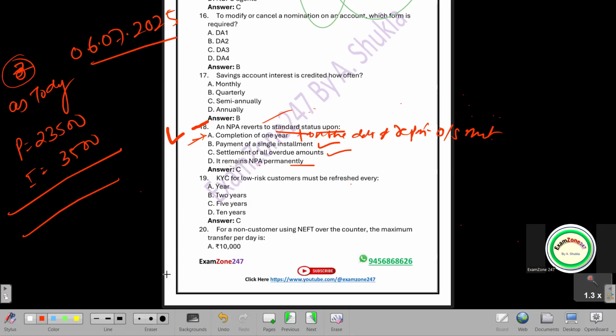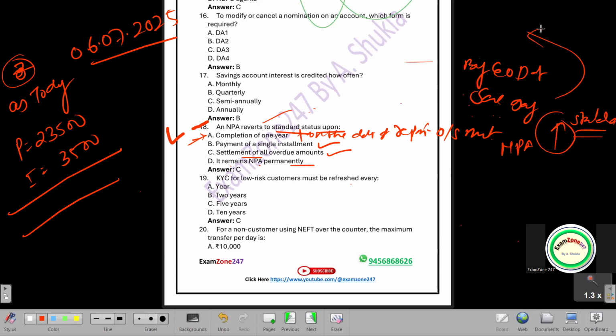Yes. Subhan has answered very correctly. See, as soon as all overdue amounts are deposited, by EOD of the same day, the system will upgrade the account from NPA to standard, and whatever income is there will be accounted in the accounting procedure and added to the income head of the bank.